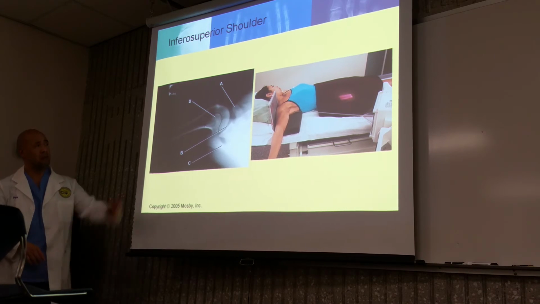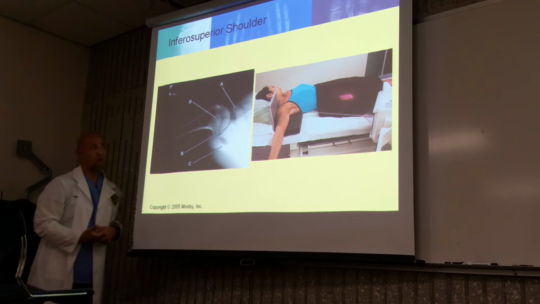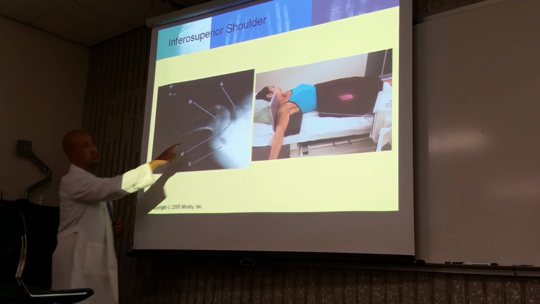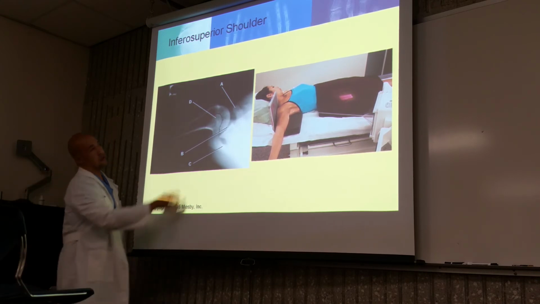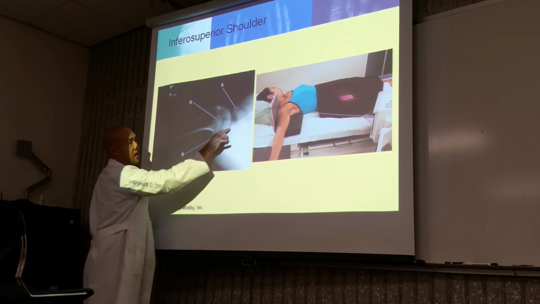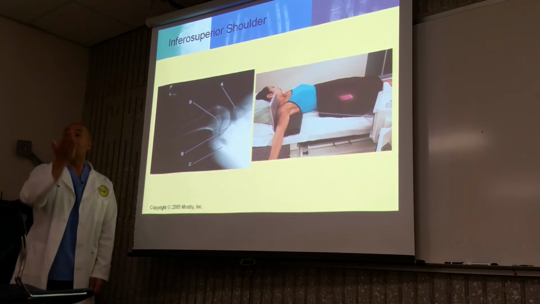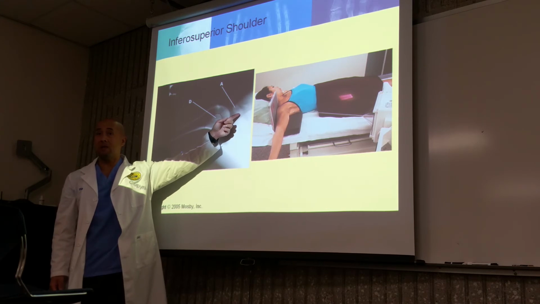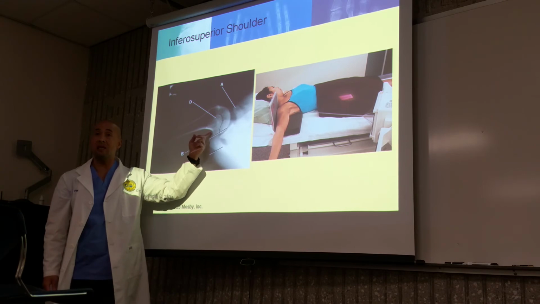Now in this particular view, you will see the acromion process projected through the humeral head. So this is the outline of the acromion process being projected through the humeral head. Here's the head. Here is the glenoid cavity or fossa. Anteriorly, which process is this? Coracoid. This is your coracoid process. Posteriorly, this is the acromion.